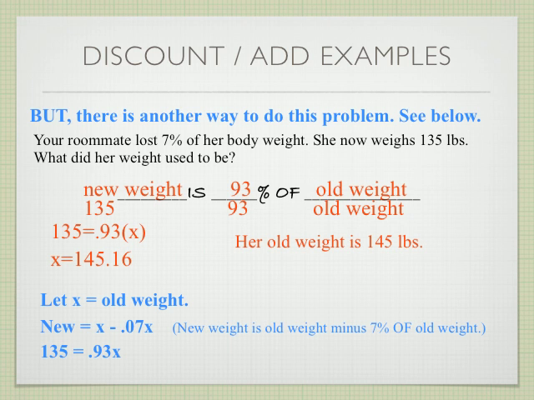So you'd have 135 equals x minus 0.07x, which is 0.93x, which is 145.16. So this is actually the same thing as what we did, but we just did the work up front, doing a little bit of thinking and finding that 93% first.